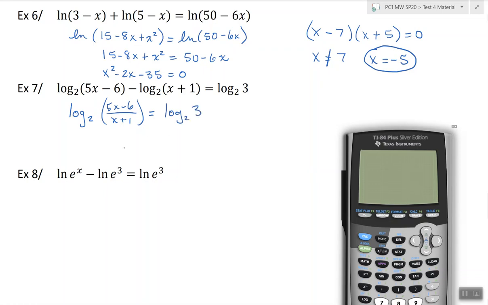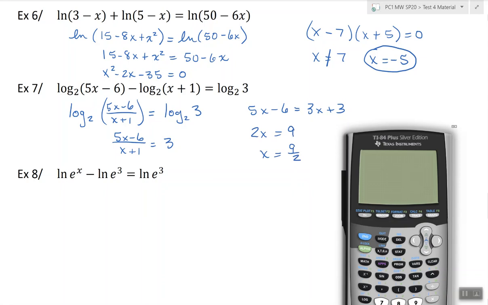Now we have two logs equal to each other of the same base, so the arguments must be equal. And then I get 5x minus 6 equals 3x plus 3 by multiplying both sides by x plus 1. And that gives me 2x equals 9, and x is 9 halves.